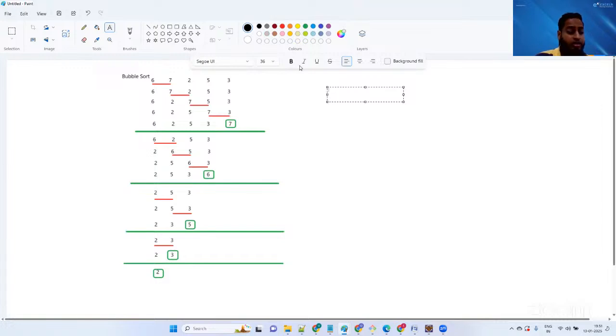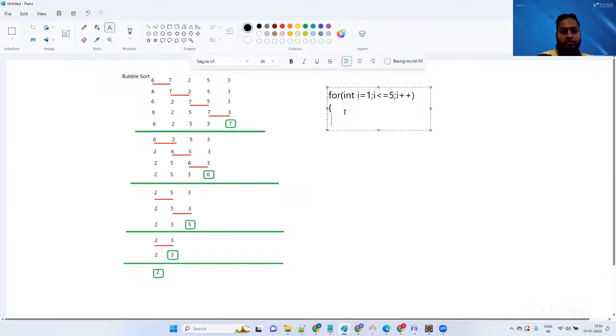So I have 5 iterations, right? So I'll do for integer I equals to 1, I less than equal to 5, I plus plus. This loop will run 5 times. And 5 times I need to get my j back to 0.